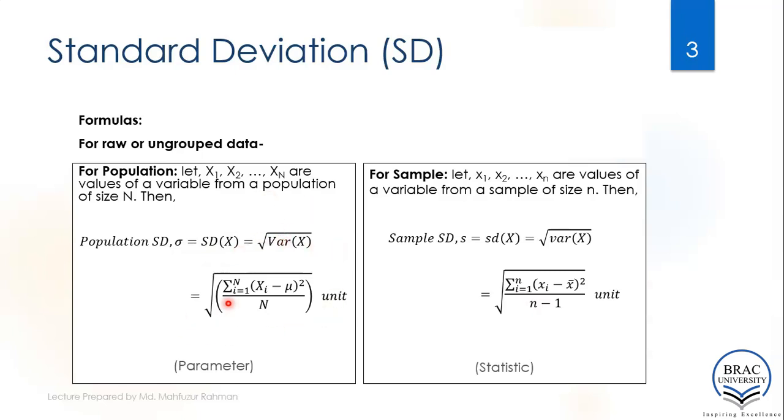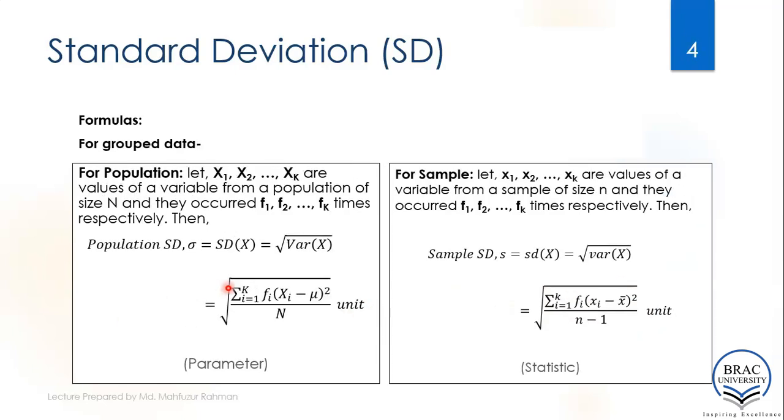You just take the square root of the variance value and you will get the standard deviation value. For a sample, it remains the same, and it's denoted by small s and small sd of x, and it's the square root of the variance of x. Similarly, we use n-1, and the unit is now the original unit, not the squared term anymore. That's because of this positive square root.